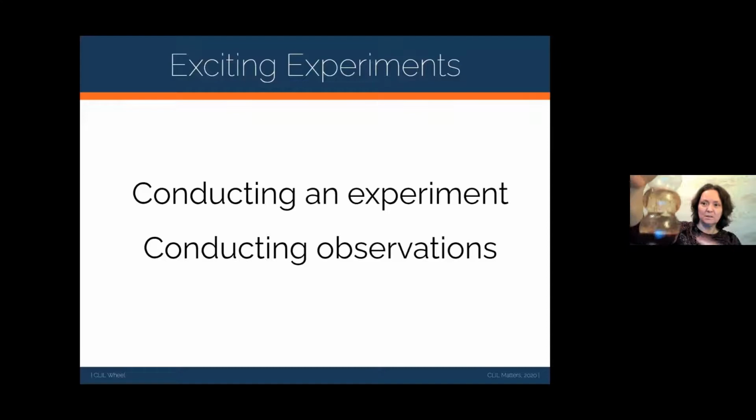So I've got this process going on. These are my observations. So look what I've already got on this slide. We are talking about conducting an experiment and conducting observations, which is also academic language.